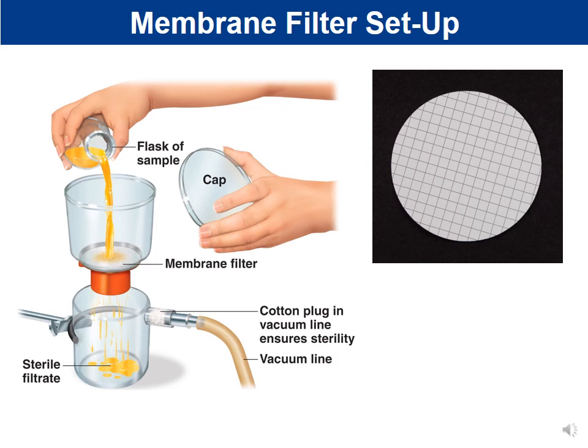So this nitrocellulose paper has pores, meaning holes, that are 0.45 micrometers or microns in size, right?